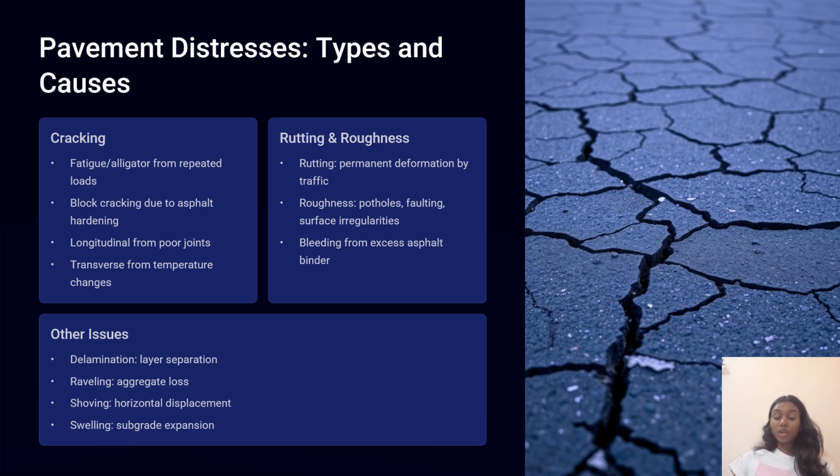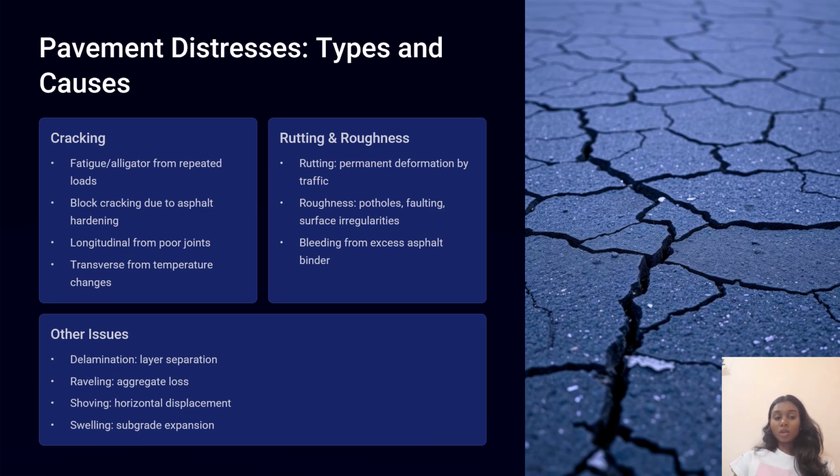Then roughness refers to surface irregularities like potholes or uneven patches which affect driving comfort and safety. Then bleeding. Bleeding happens when there is too much asphalt binder and it rises to the surface, creating a shiny or sticky layer.